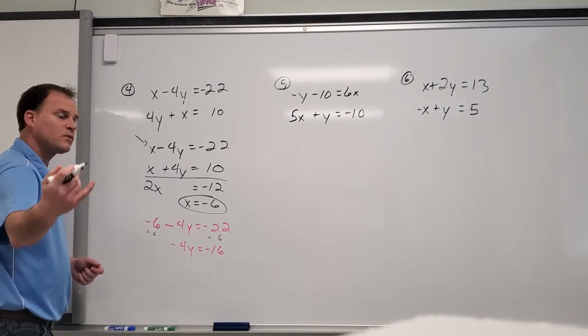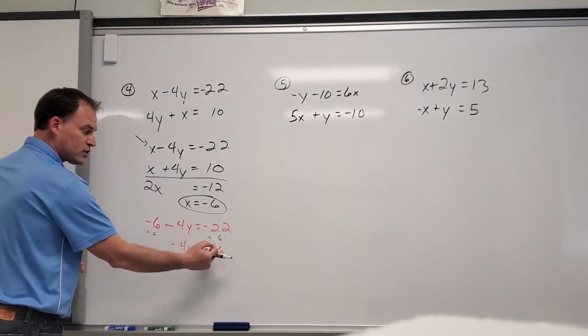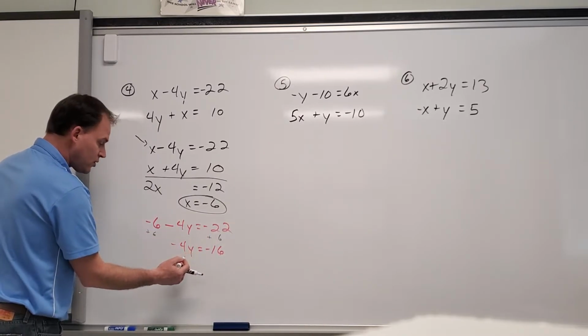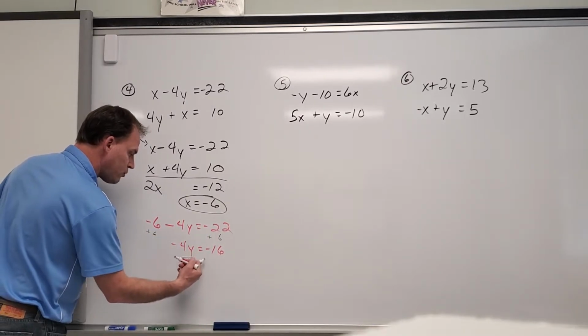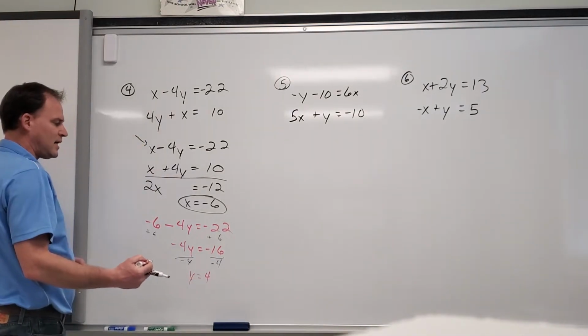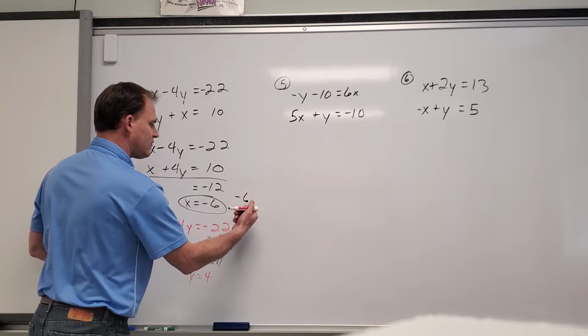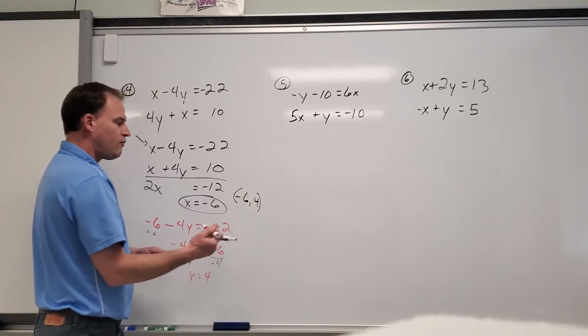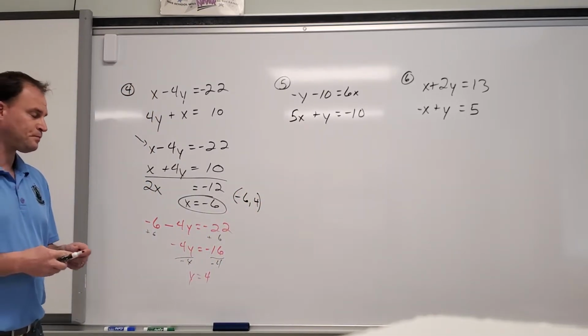Now what? Good. Watch your signs. Make sure you're doing those little things correctly so you don't lose points on little things. Comes out to positive 4, so I have negative 6, 4 for my answer.